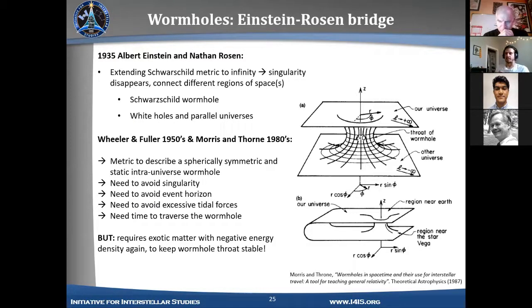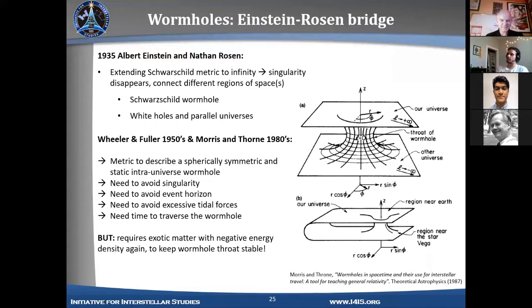Of course, it's not that easy, as you can probably imagine. If you want to actually travel through a wormhole, you would need to avoid the singularity that's there, and the strong tidal forces that are acting on the inside. You would need to avoid the event horizon, and you would need time to traverse the wormhole.